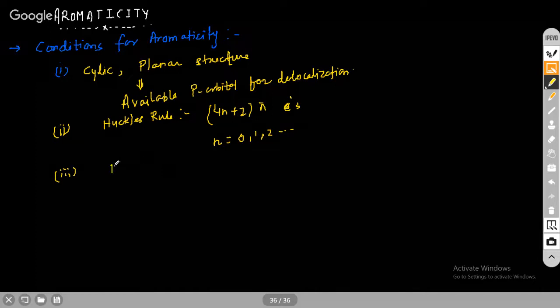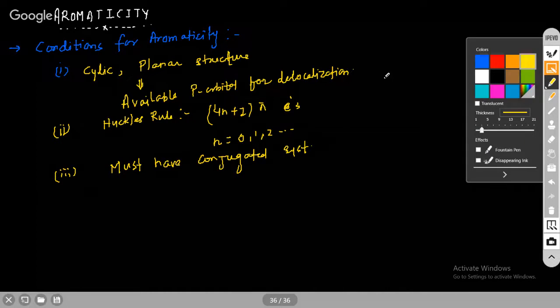Third one, must have a conjugated system, which is nothing but that resonance is possible. Must have a conjugated system. Okay, these are the conditions we have for aromaticity.